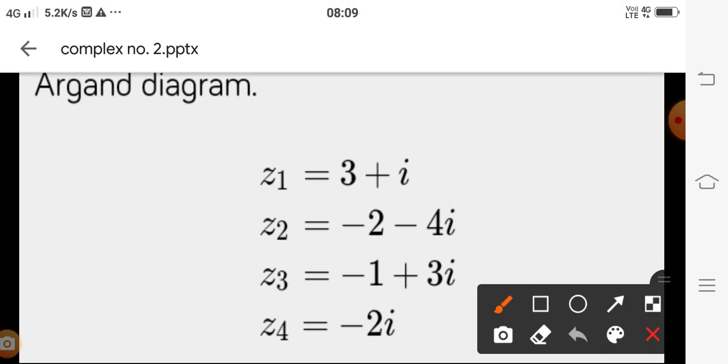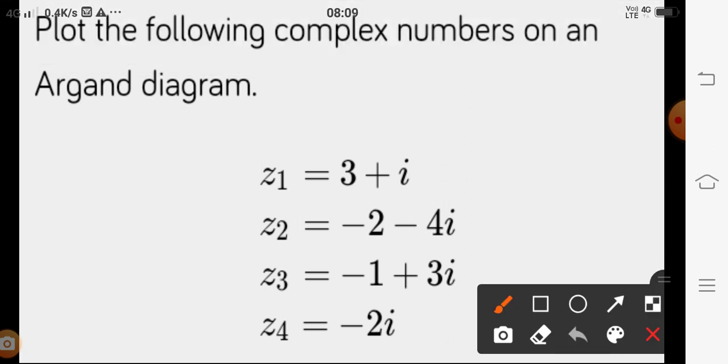Now let us represent these complex numbers and see in which quadrant we get them. Z1 I am taking as 3 plus i, Z2 as minus 2 minus 4i, Z3 as minus 1 plus 3i, Z4 as minus 2i. Now we have to represent these complex numbers on the Argand plane.